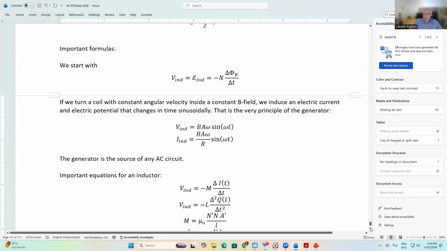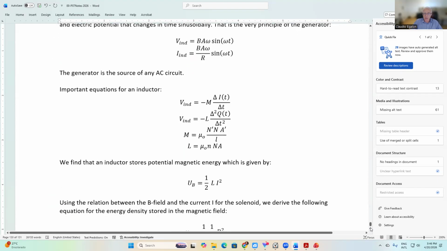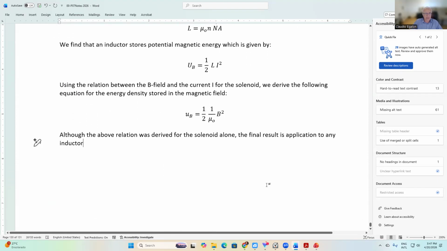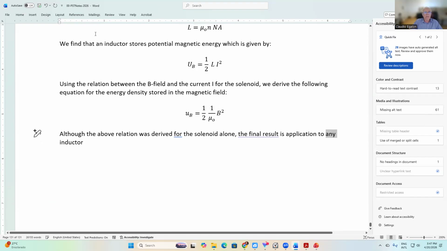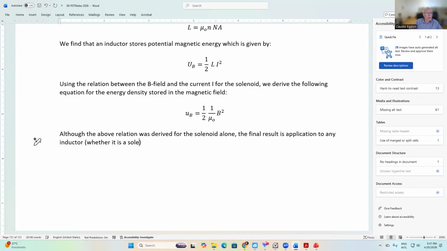Whether it's a solenoid, a toroid, or any other inductor geometry that you can create. Like that.